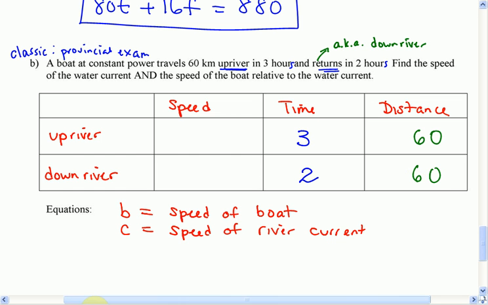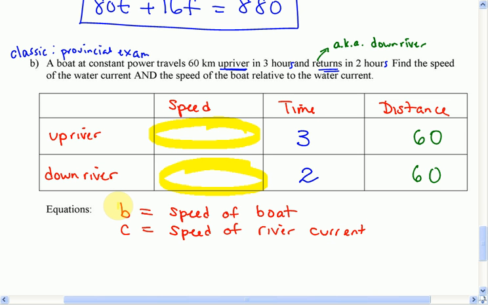How do we describe the speed going upriver? Before I do distance by time, all that kind of stuff, let me ask you to use the variables that you're given here to help you out. B stands for the speed of the boat. What did I tell you when you go upriver? The boat and the current are in opposite directions, so they make you slower.